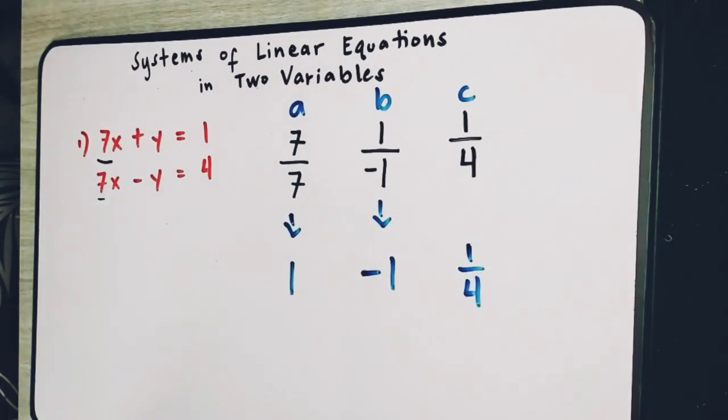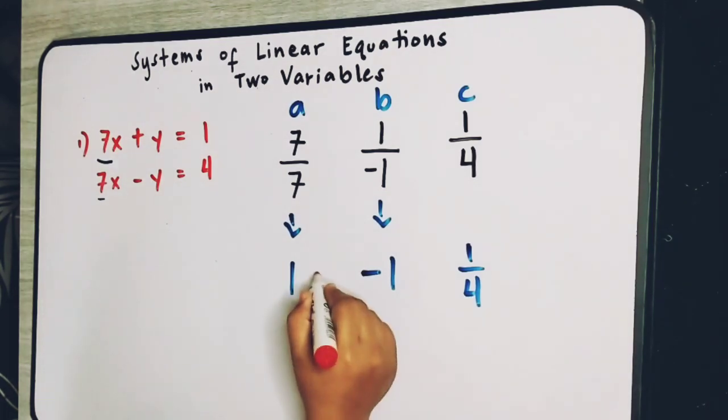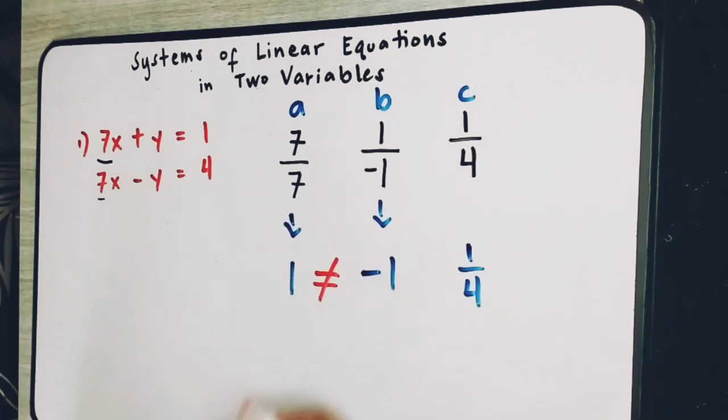Now, after simplifying the ratios, we will now compare. So, A is 1 and B is negative 1. They are not equal. Okay.